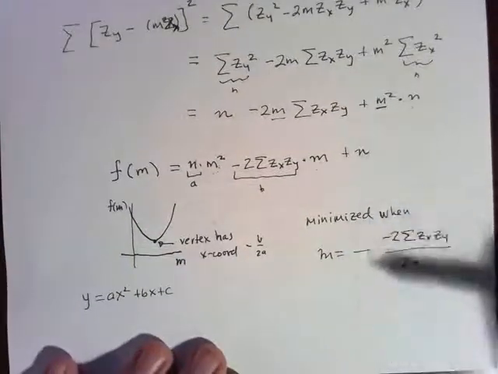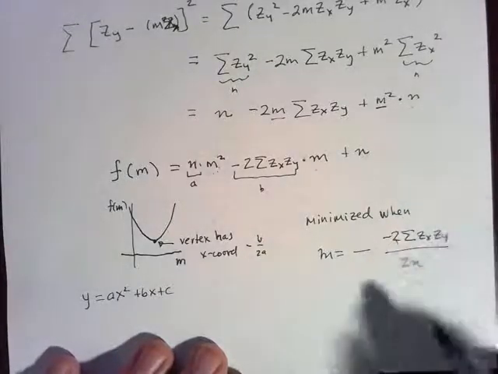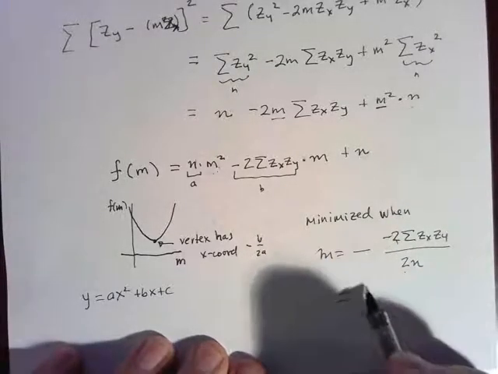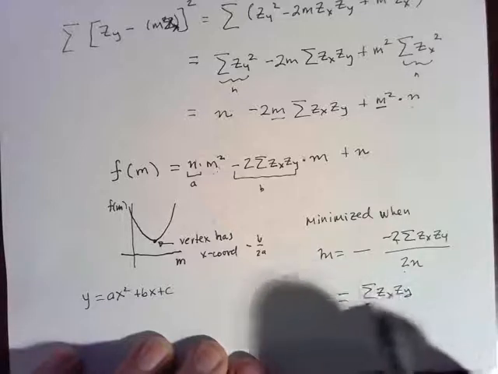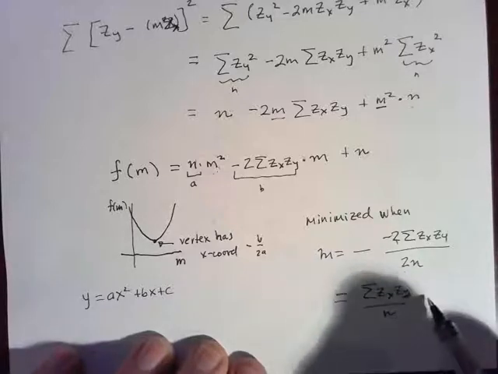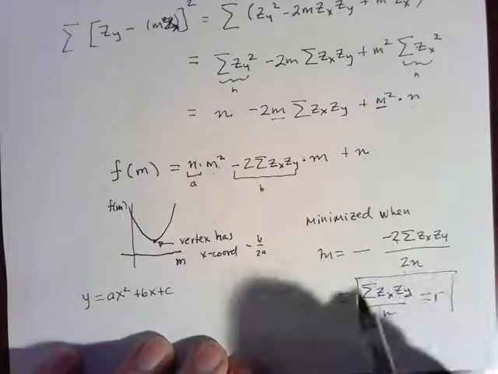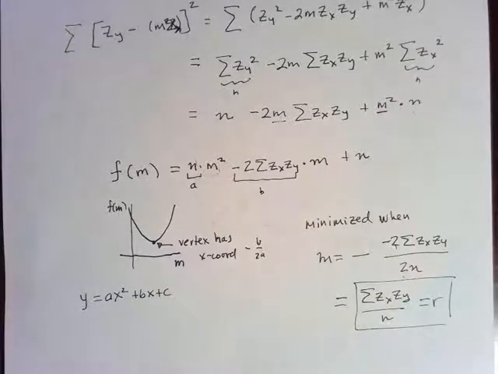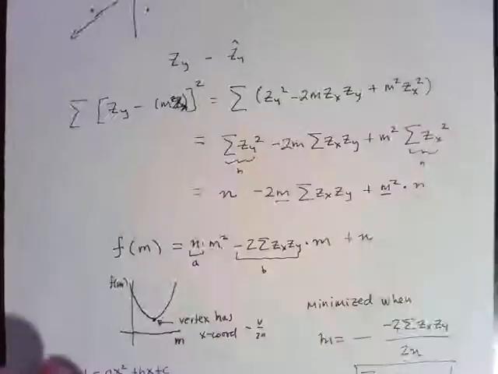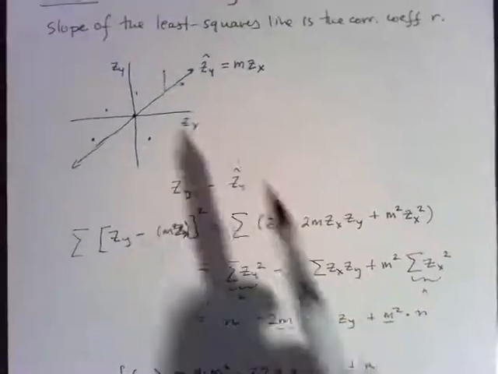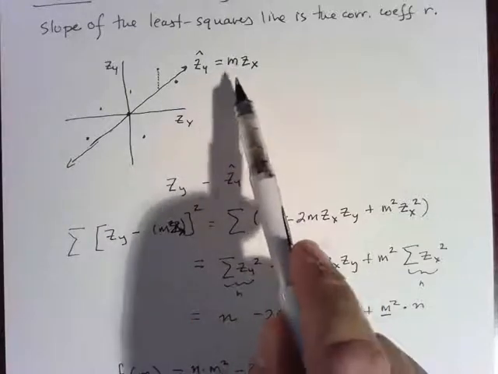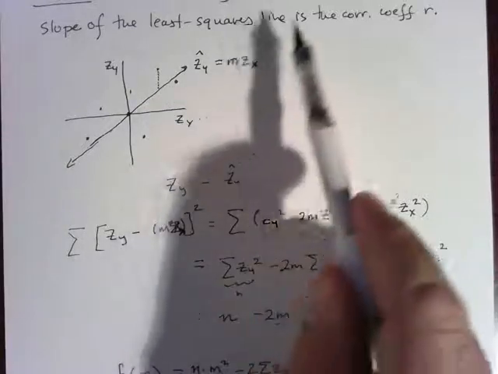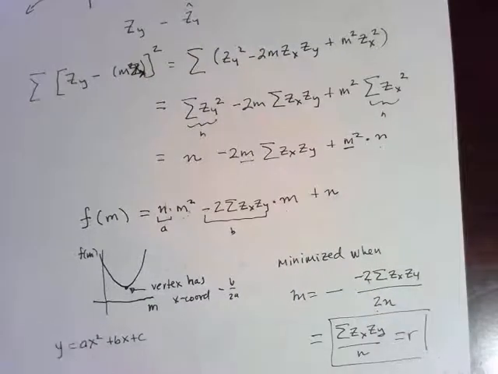And the minuses divide away, the 2's divide away, and I get exactly the definition of the correlation coefficient. And so the slope that minimizes the sum of the squares of the residuals when I'm dealing with z-scores, the slope is always the correlation coefficient.